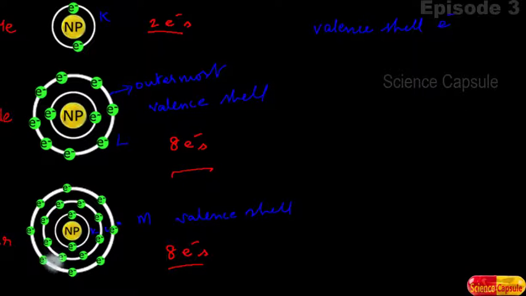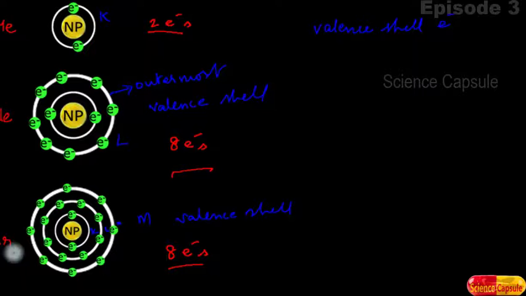And in argon, it has 3 shells, and the third shell has 8 electrons. In 9th standard you must have studied that the outermost shell cannot accommodate more than 8 electrons. So here 8 electrons are there, and argon also has a complete octet, which means the outermost shell is completely filled by electrons.